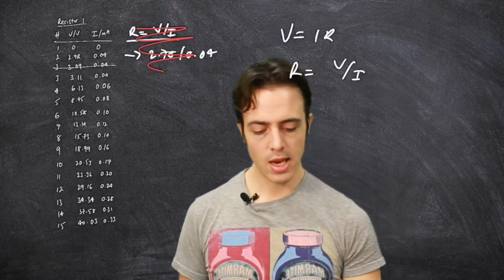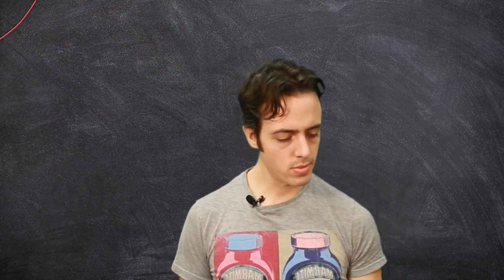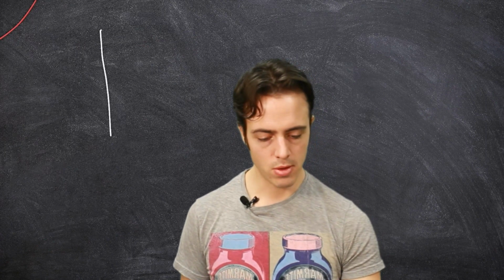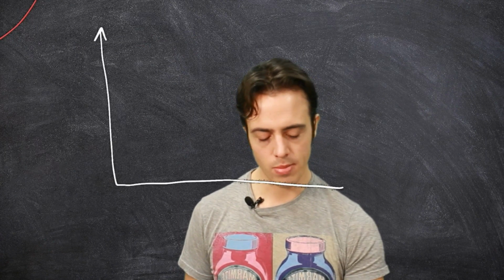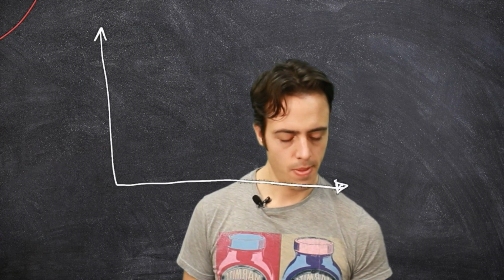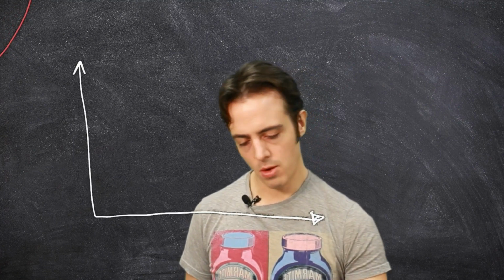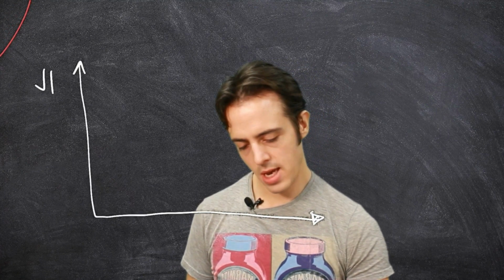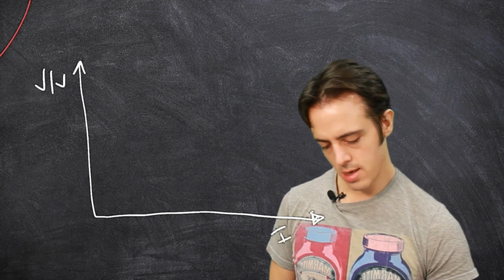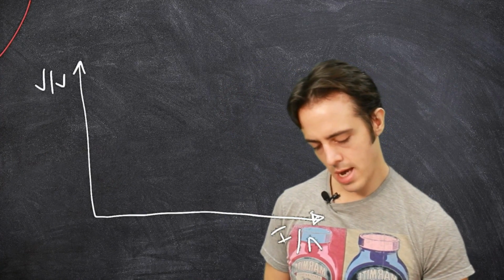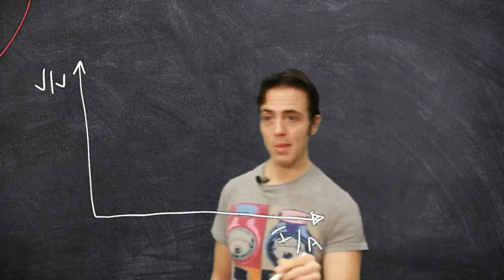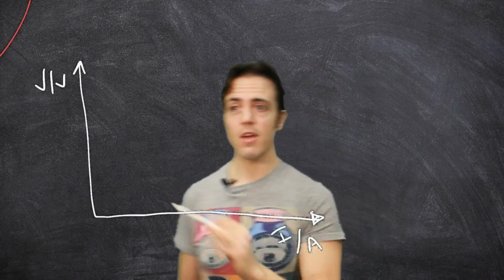So what we do instead is we take all of these numbers, and you guys are going to plot them on those scatter graphs that we spoke about. So we would put V on V, I on A, converting milliamps to amps. Now this is maybe slightly the other way around to how you'd expect.